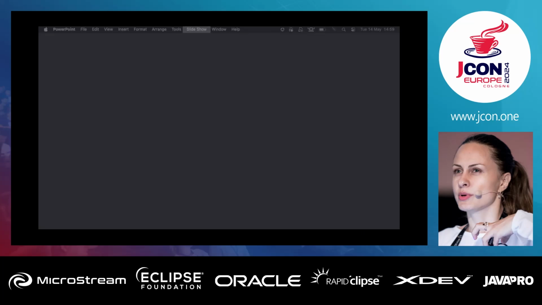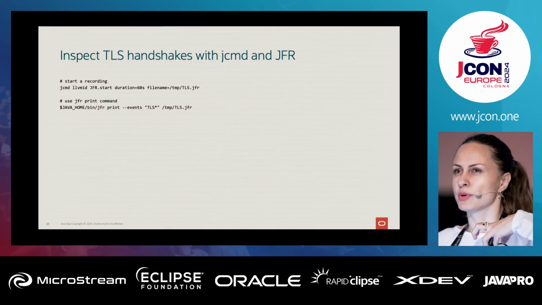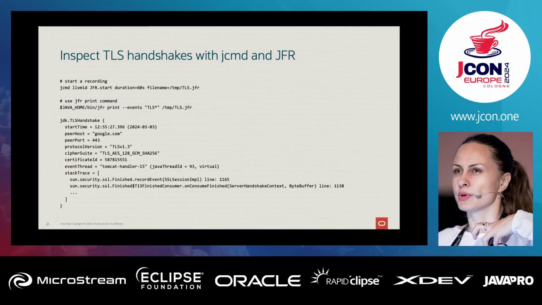Okay. So looking back, what we did to inspect the TLS handshake via JCMD and JFR was to do the JCMD diagnostic command with the JFR start, then look at the JFR events using a print command, and of course have a result and an output similar to this one.